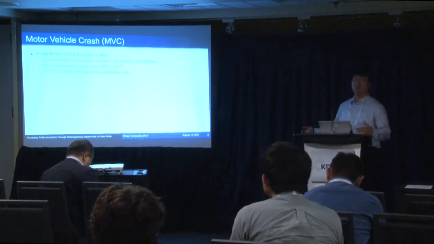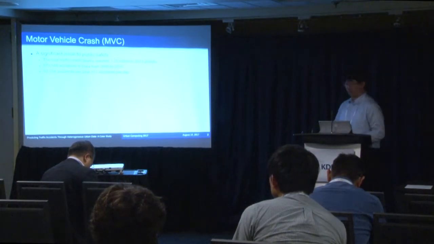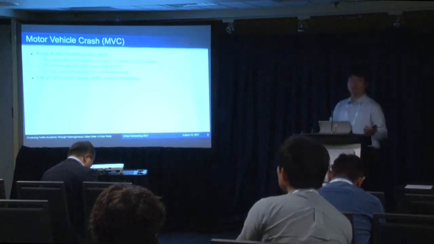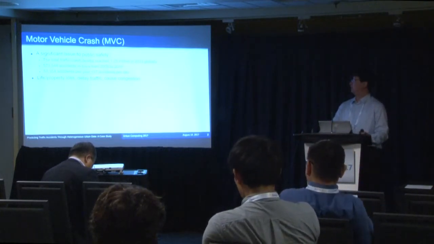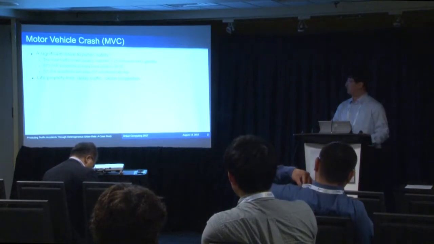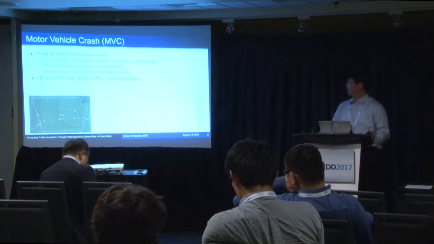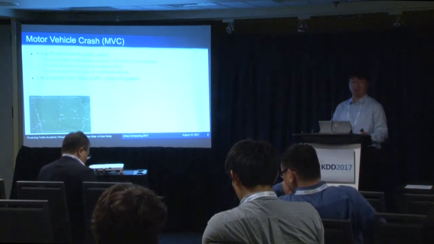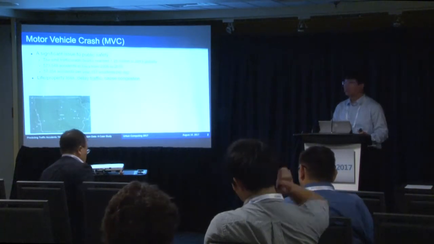So this is actually very small compared to other states like New York and California. But this certainly caused life loss and property loss. And other issues like traffic delays, congestions. So it's very important for people to figure out how to prevent or reduce the risk of traffic accidents and motor vehicle crashes.